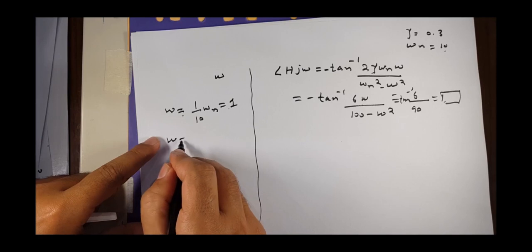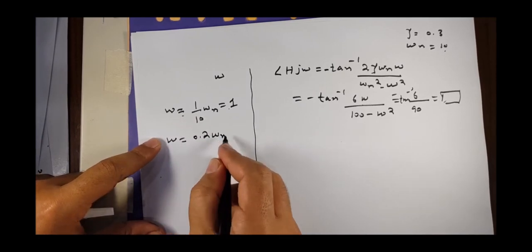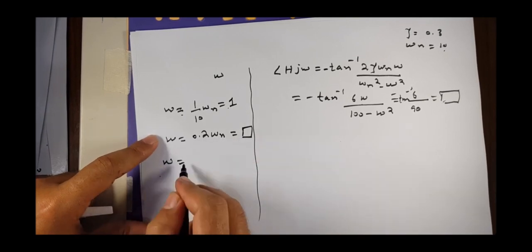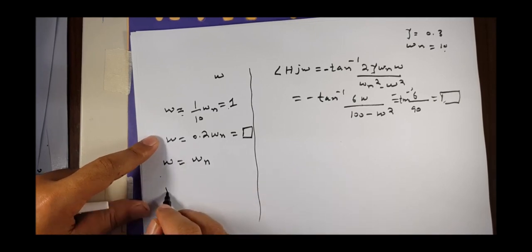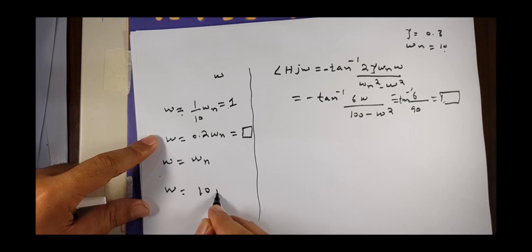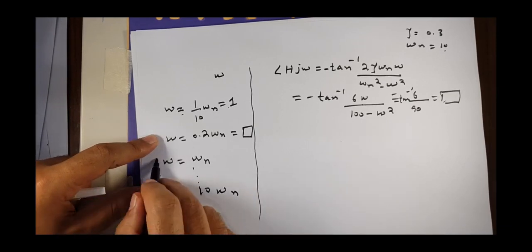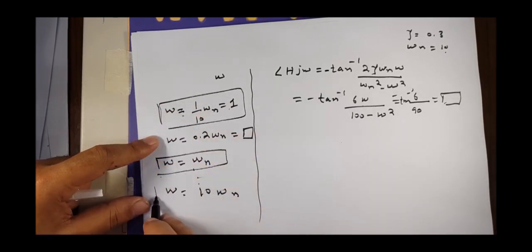Then you can find out other values. Say omega is equal to 0.2 times omega n, you will get some value. Then omega is equal to omega n, and then omega is equal to 10 times omega n. You can find in-between points as well, but I am interested just in these points.